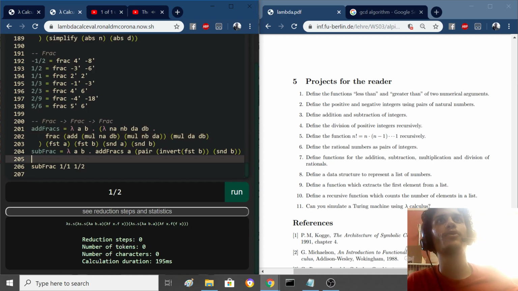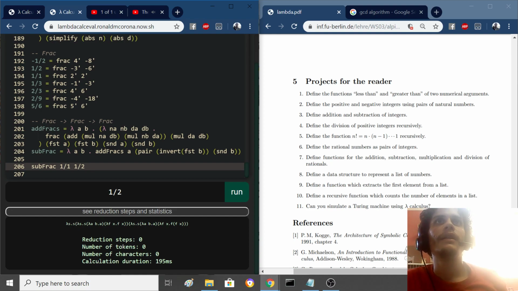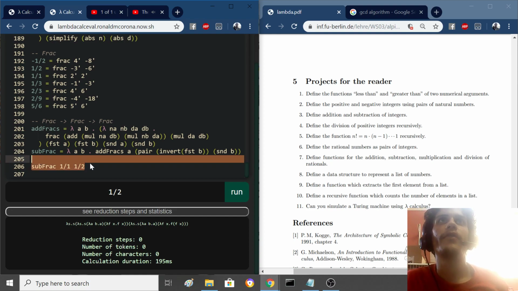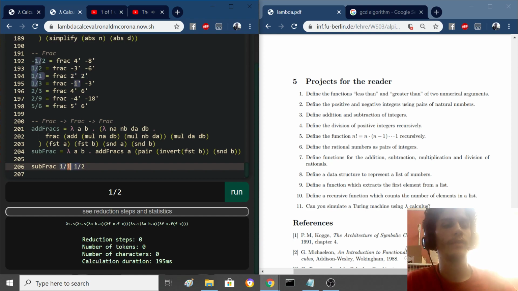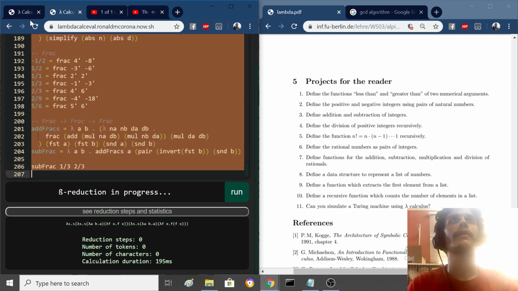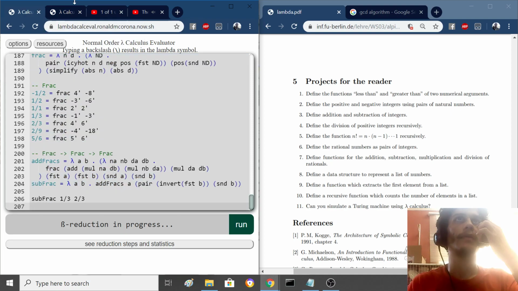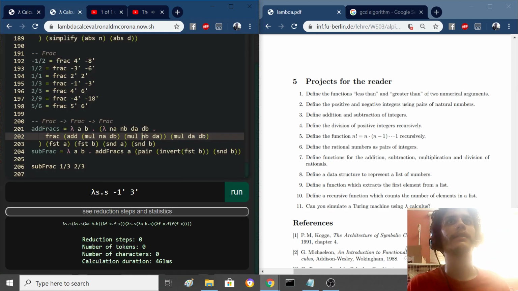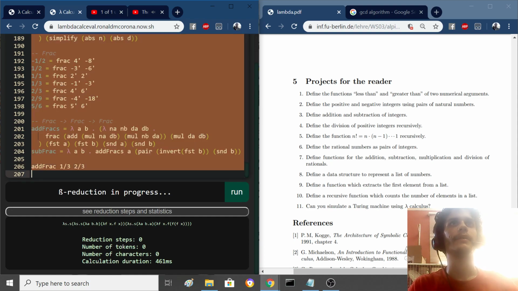Of course, if subtraction with fractions works, then addition should as well, and I'm convinced enough that it works. Maybe we'll do 1/2 plus 1/3, plus 2/3. And we get, oh, I didn't add them. I subtracted, so we get -1/3. So that's why I'll add them.